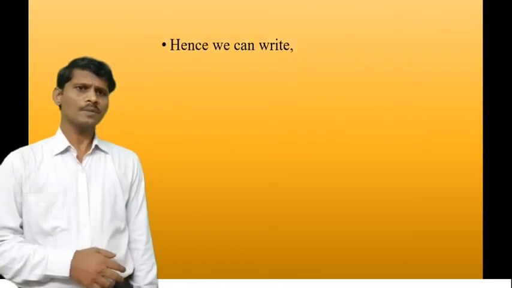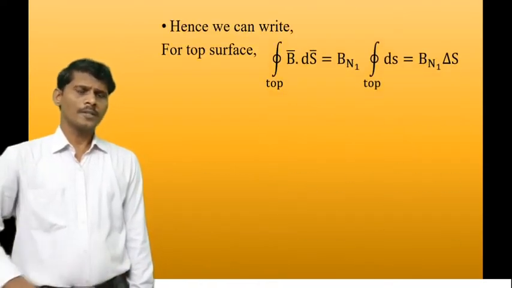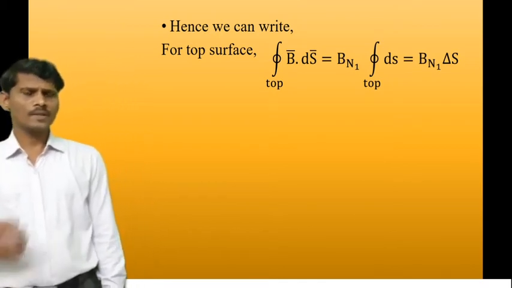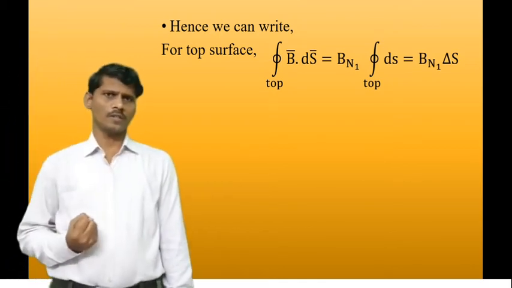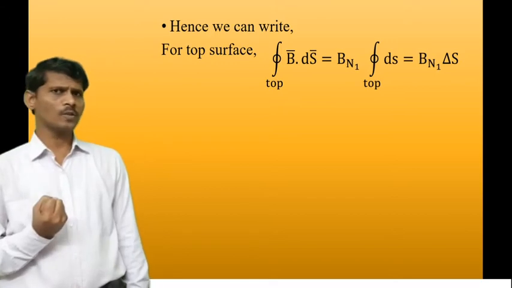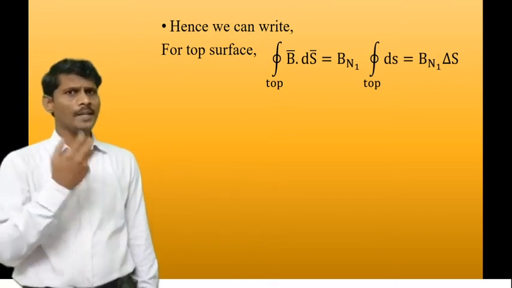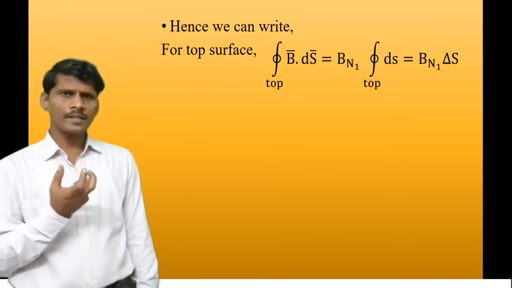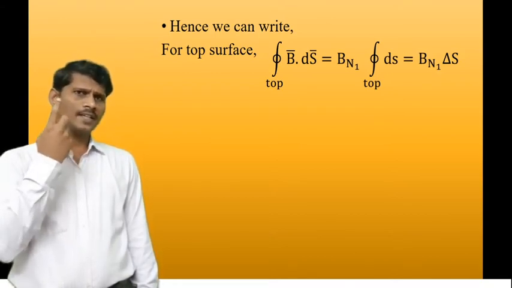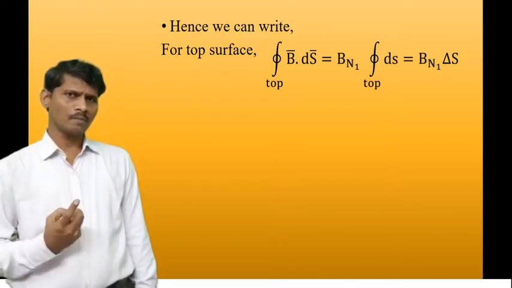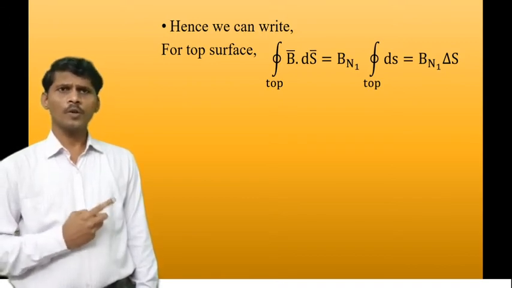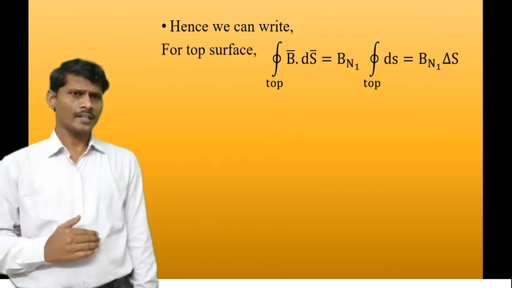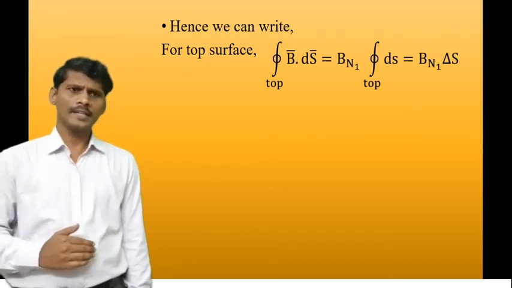The top surface integral of B bar dot dS bar: B is equal to B normal 1, the normal component of the magnetic flux density in medium 1, times the top integral of dS. What is the top surface area? Delta s. That is Bn1 into delta s.